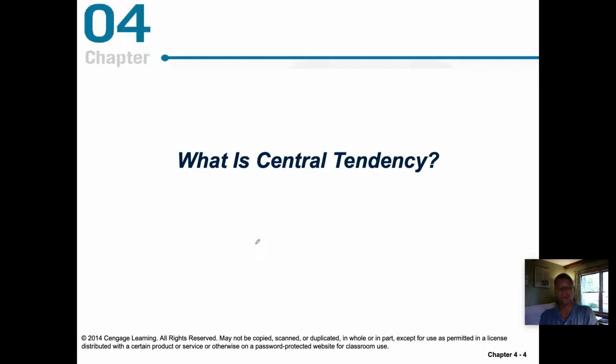So what exactly is central tendency? What this means is that if you have a data set, what are the values that are most representative of that data set? In other words, what's the average of the scores that you're looking at here?